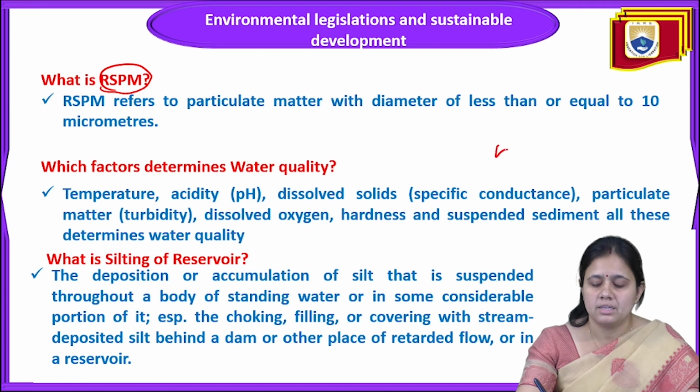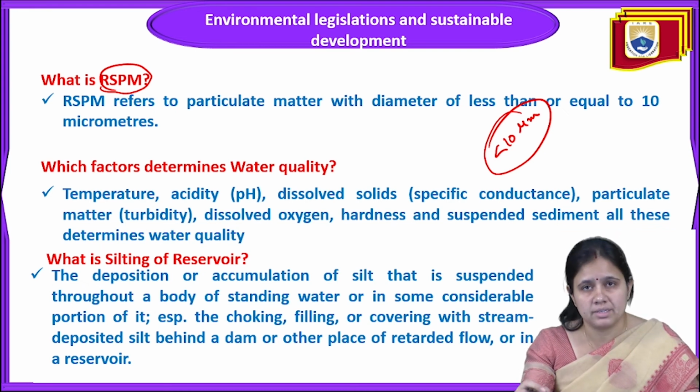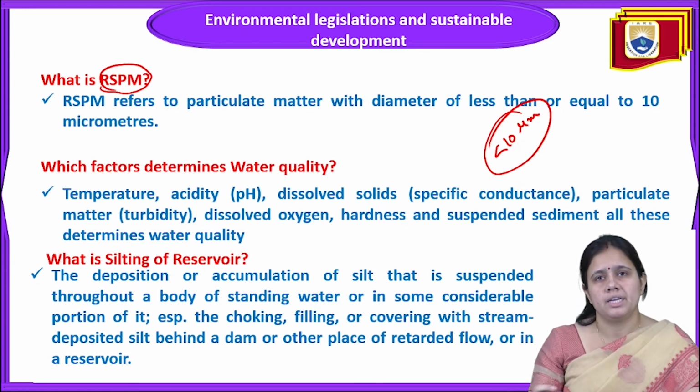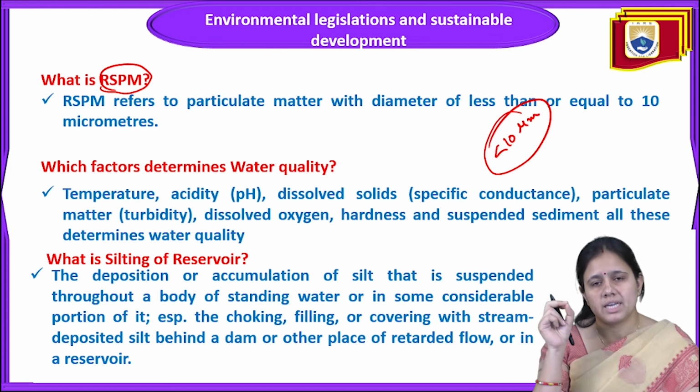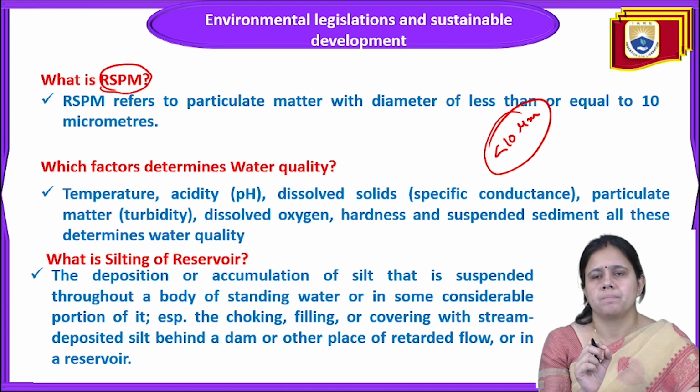RSPM means respirable suspended particulate matter, which means a human being can breathe it because its size is very minute. That's why it is called RSPM, a particulate matter with a diameter of less than or equal to 10 micrometer.